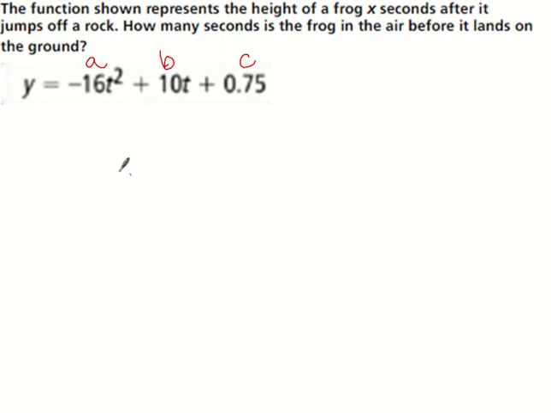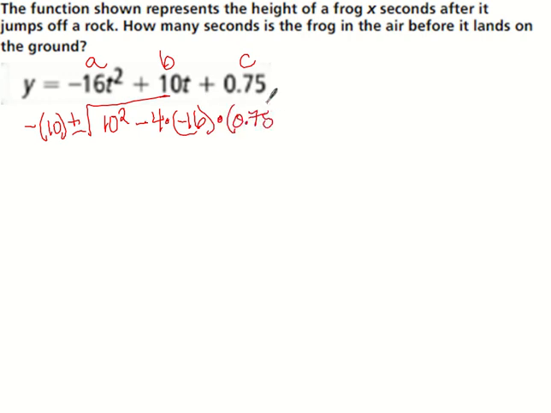So here we go. Opposite of B plus or minus the square root of B squared minus 4 times A times C, all then divided by 2 times A. So once we clean all this up, that'd be -10 plus or minus the square root of 10 squared minus 4 times -16 times all of this.